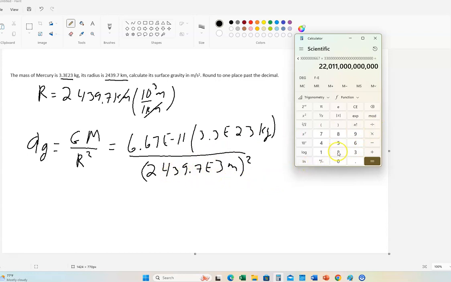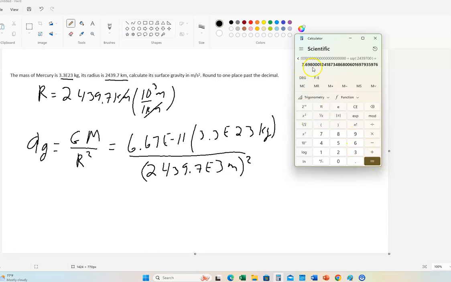So it's 2439.7 E to the third, but then of course I've got to square that. All right, and then so that's going to equal.